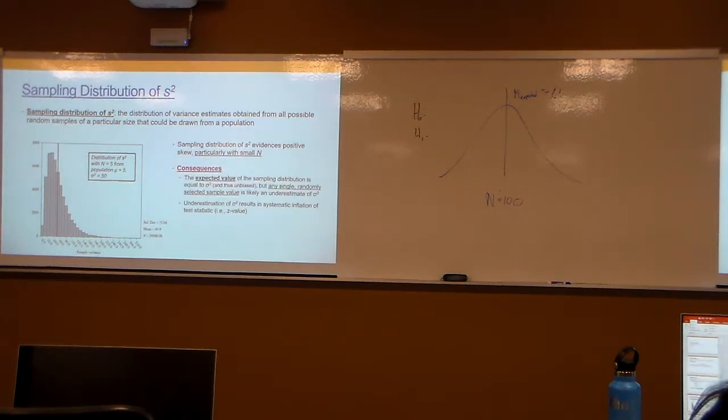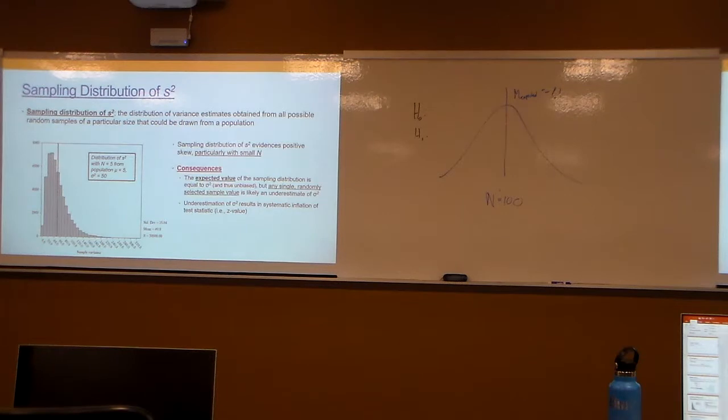And so my expected value of my sampling distribution, if I take the mean of all values in this sampling distribution, that mean, my expected value of the variance, is going to be equal to the population variance. Okay? So my sample variance is unbiased, because if I take the mean of all of these, it's going to be equal to the population variance.